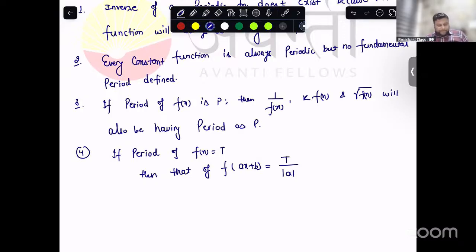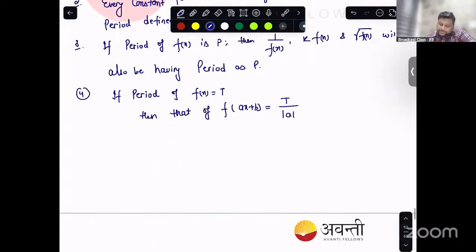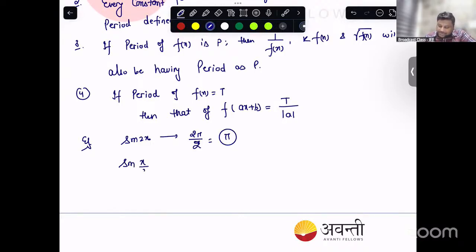Am I clear? For example, here we can do so many examples. Sin 2x. If I ask you about sin 2x, what is the period? 2 pi upon 2. That is pi. But if I ask you sin x by 3, then the period will be 2 pi upon 1 by 3, that is 6 pi. Am I clear?